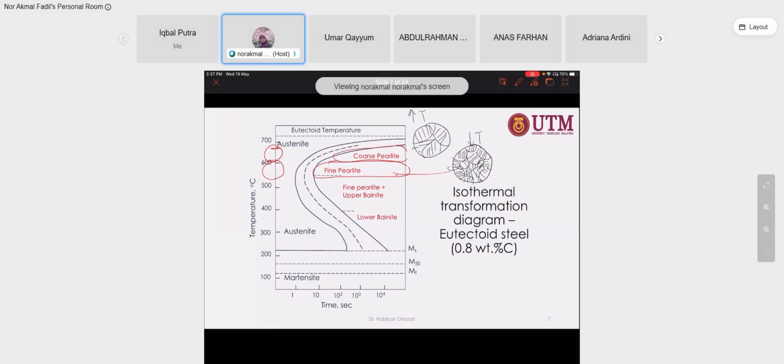Anybody? Temperature difference. When? From when? From what temperature to what temperature? Temperature difference. Okay, sorry, I don't know what you mean by temperature difference. So how does temperature influence the difference in terms of the microstructure?